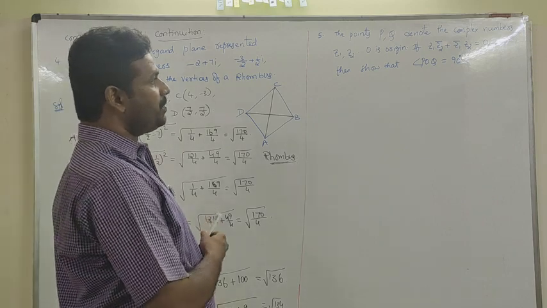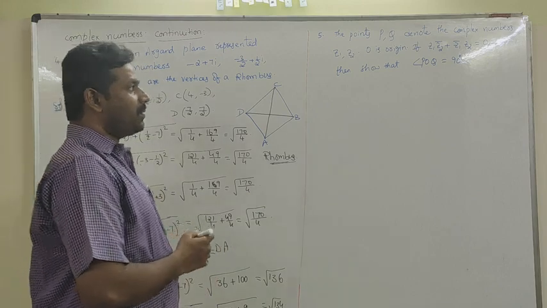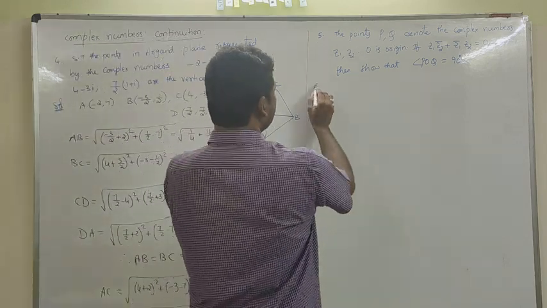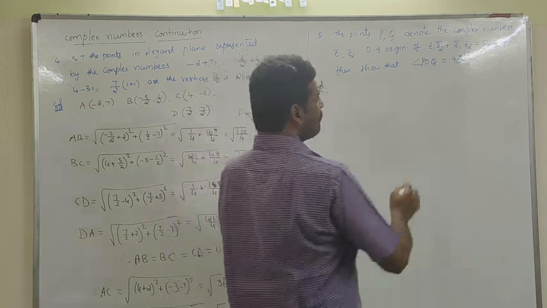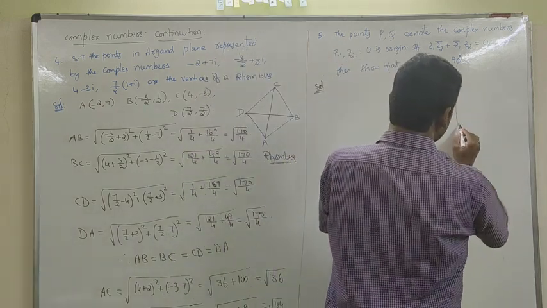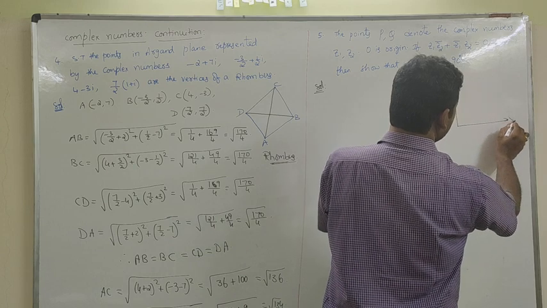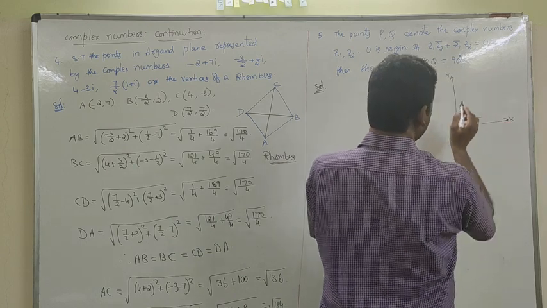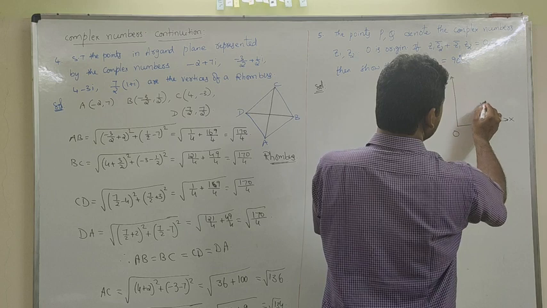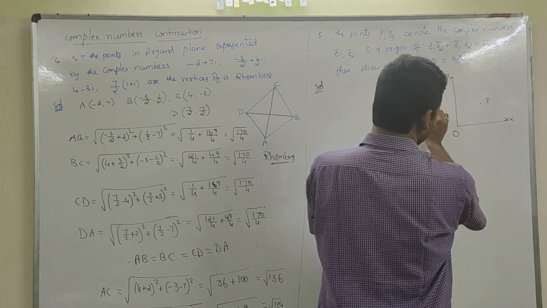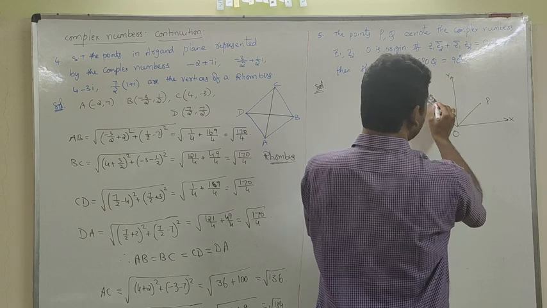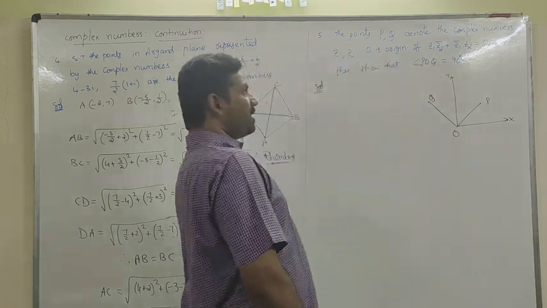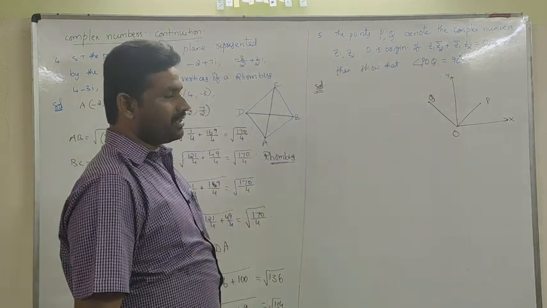Show that the points P, Q denote the complex numbers Z1, Z2, and O is the origin. This is the point P and this is the point Q. We have to prove that angle POQ equals 90 degrees.